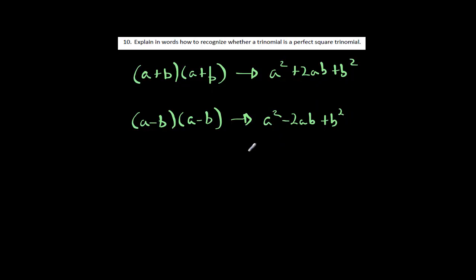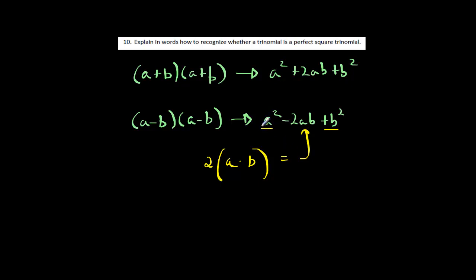So to recognize if a trinomial is a perfect square trinomial, what you have to do is see if 2 times the product of the square roots of the ends equals the middle term, then it is a perfect square trinomial, regardless if the middle term is positive or negative.